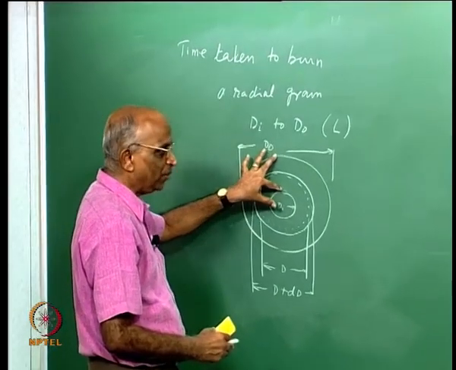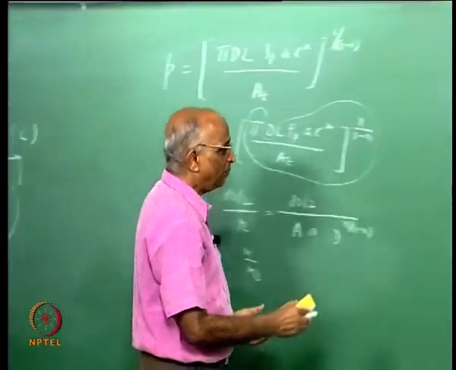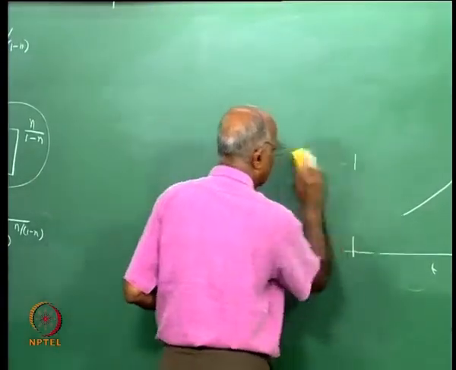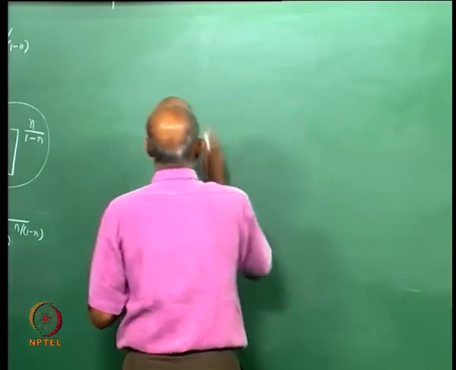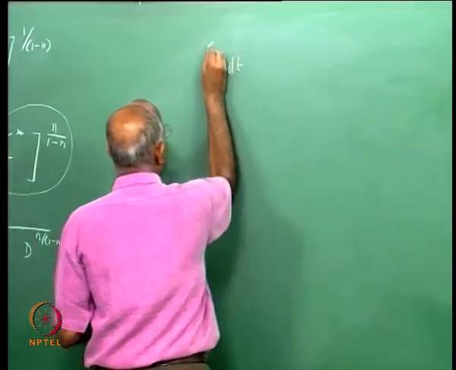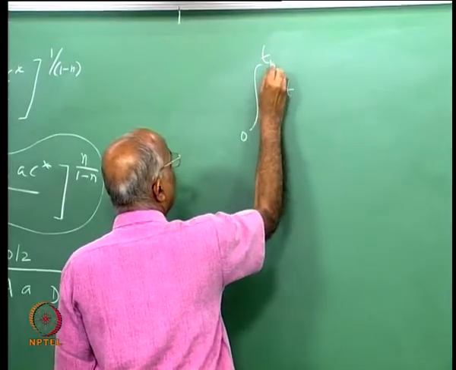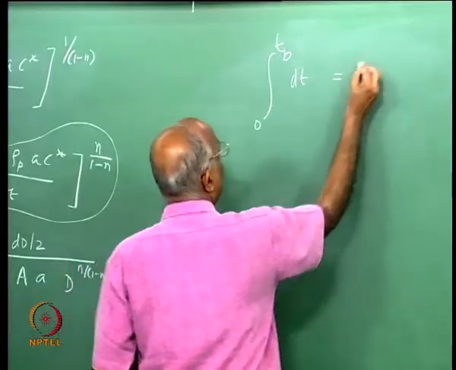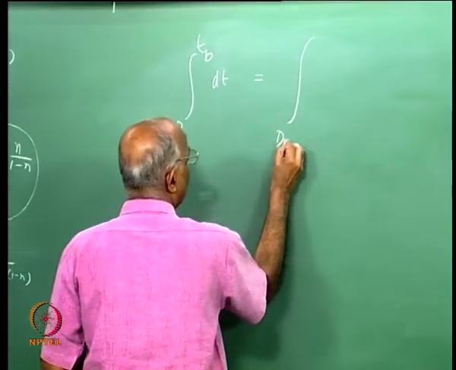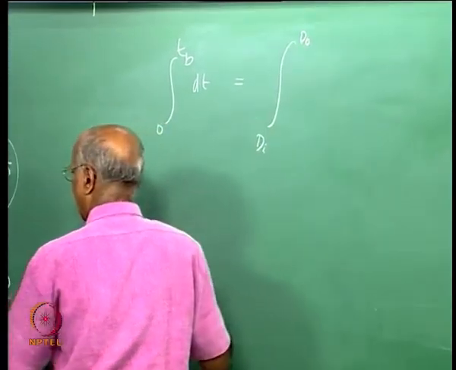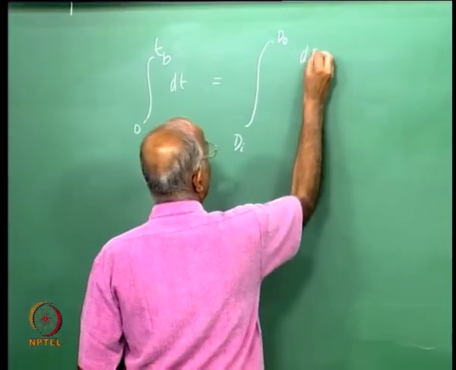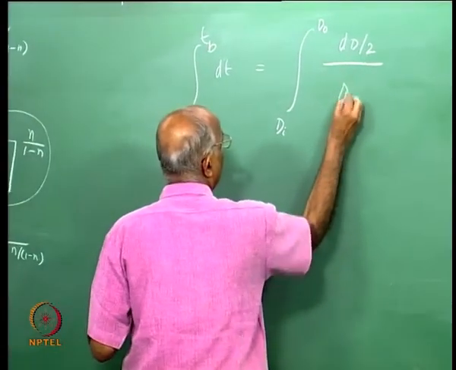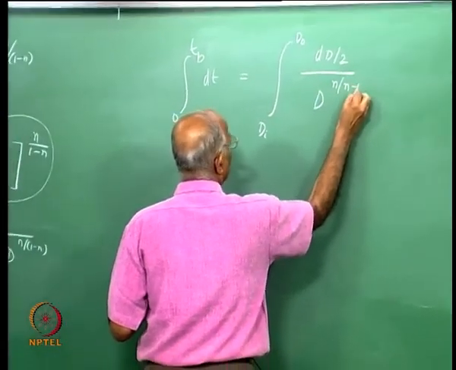Let us say the time taken to burn is Tb, where small b denotes the burn time. Therefore, dt goes from start to the end, which is the burn time, and this must equal the integral from the initial diameter to the outer diameter of dd divided by 2 divided by d to the power n by n minus 1.